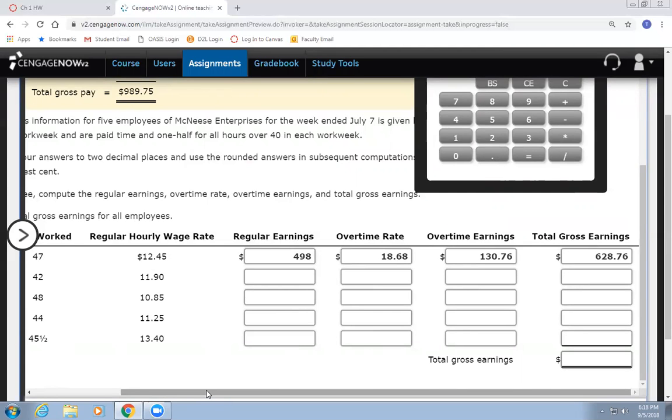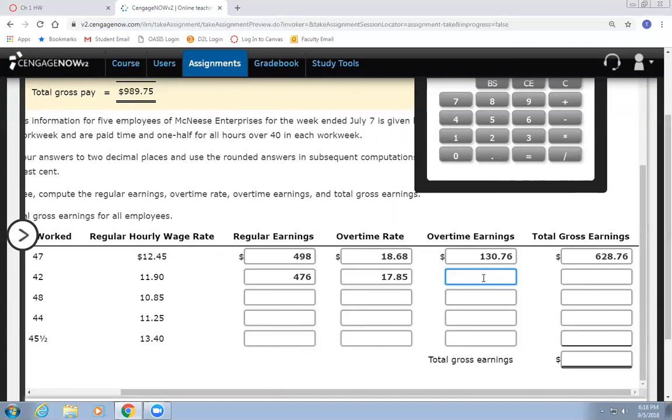So if we go to the next employee that worked 42 hours and they make $11.90 an hour, what are their regular earnings? $476. Perfect. And have you calculated overtime rate yet? $17.85. Perfect. $17.85 an hour. And then again, this person only worked 2 hours of overtime.